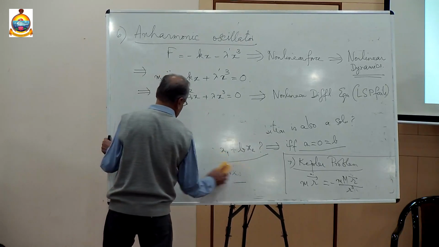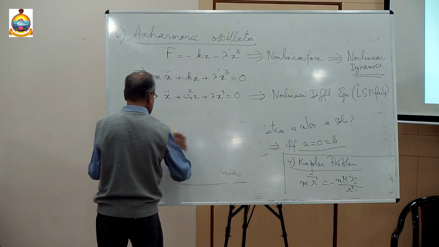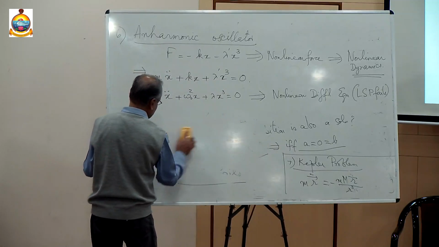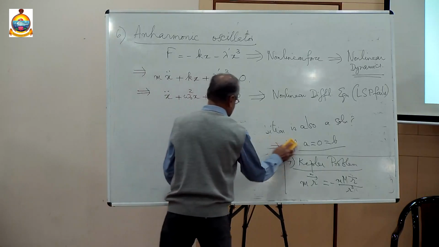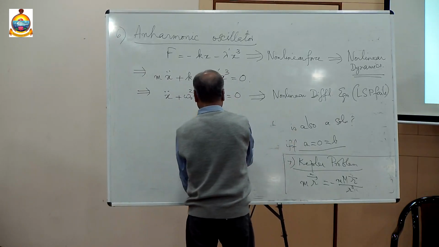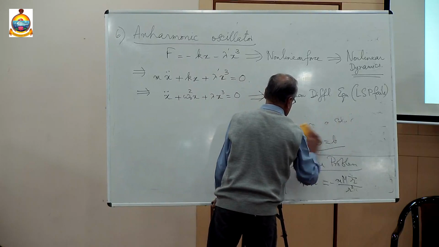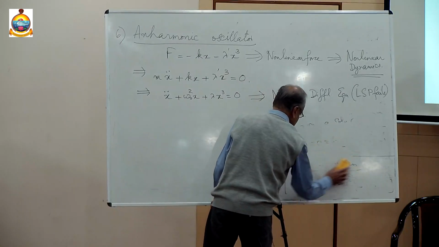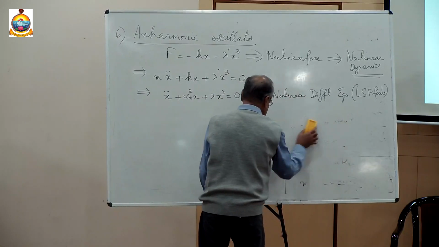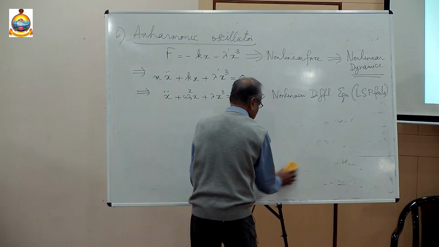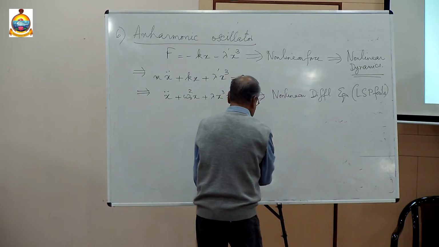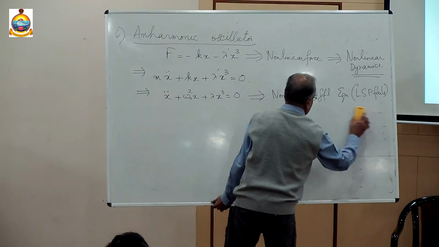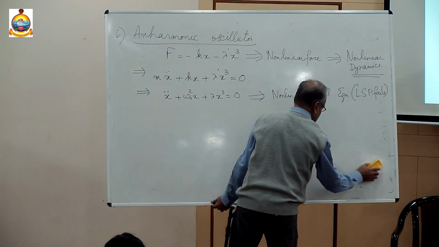The anharmonic oscillator, or a nonlinear oscillator, is the simplest problem of nonlinear dynamics. Then you can go to as complex a problem as weather dynamics, which Edward Lorenz tried to understand. And now we try to solve this problem through supercomputers to predict the atmospheric weather of different places.